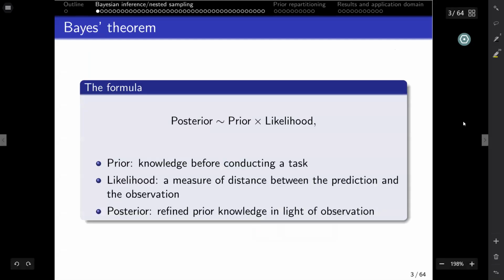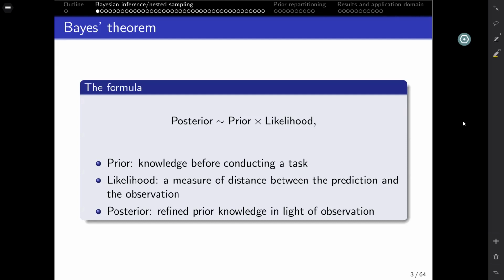Okay, so Bayesian inference, that's a very simple one. I guess most of you should be quite familiar with that. We define a posterior, which is proportional to the product of the prior and the likelihood, where the prior is our knowledge before conducting a specific task, and the likelihood measures the distance between our model prediction and the observed data, how similar they are to each other.